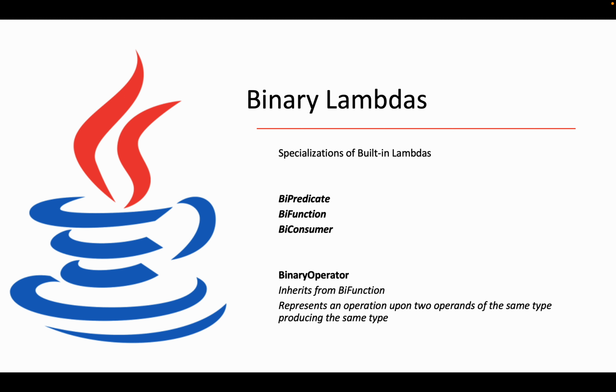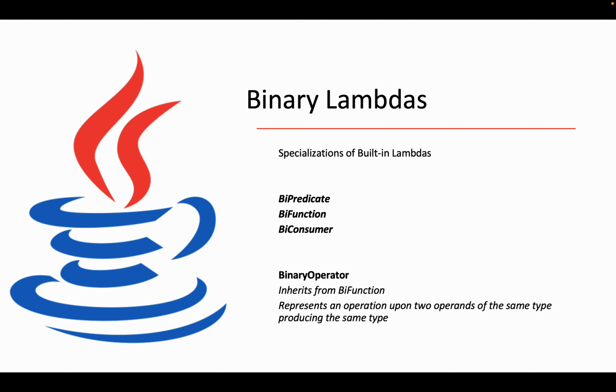Then we have what we call binary lambdas, which are specializations of built-in lambdas. We saw the basic built-ins: predicate, function, consumer, and supplier. We have bi-predicate, bi-function, bi-consumer, just like that. Then we also have what we call binary operator, which inherits from bi-function, and it represents an operation upon two operands of the same type, producing the same type.